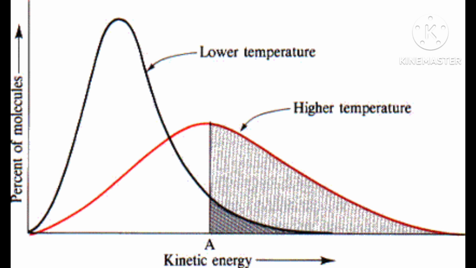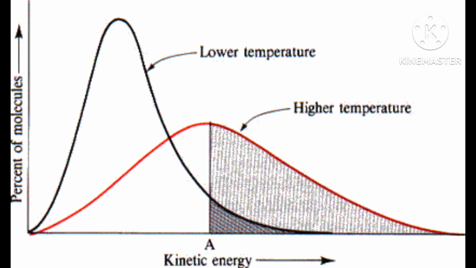The top will be less. It starts with 0, then all students are running, and with time their speed may increase slowly. Here speed means energy, and students mean molecules.